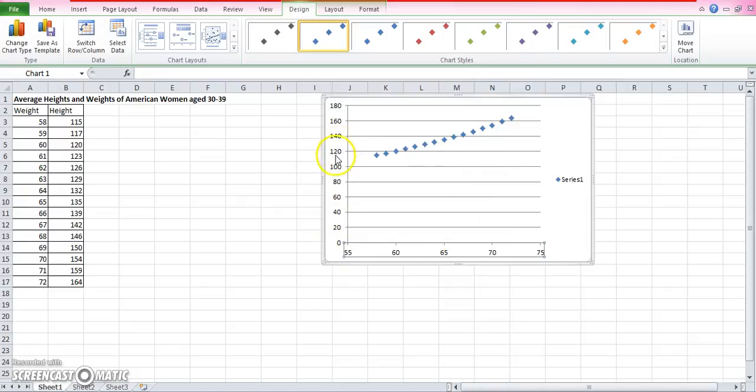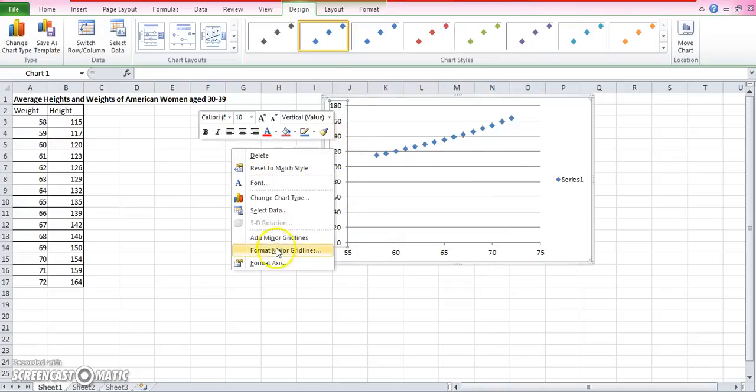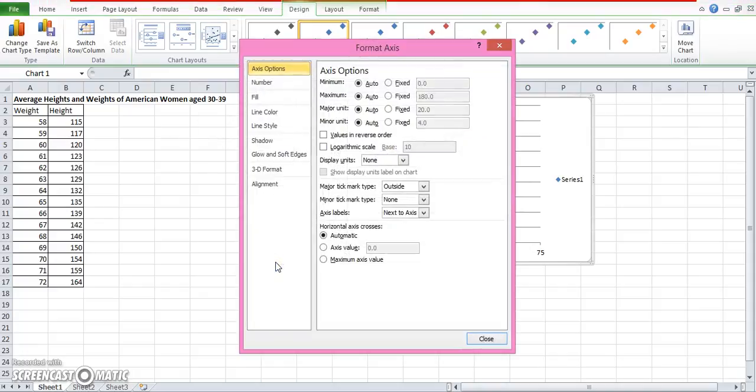The same goes for the y-axis. For the y-axis, the minimum height is 115, let's say, and the maximum is 165.